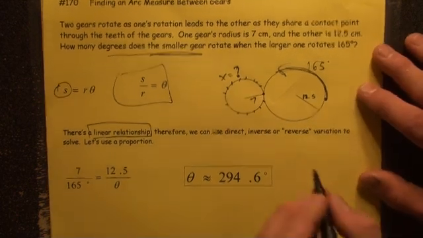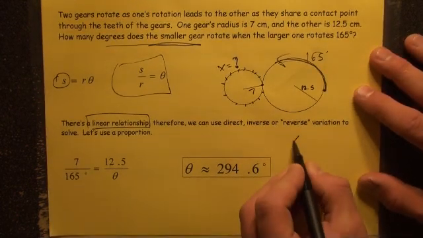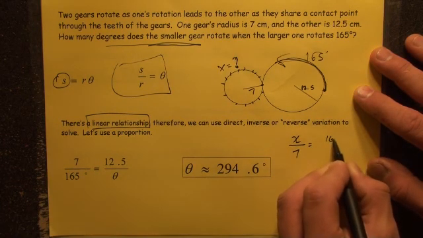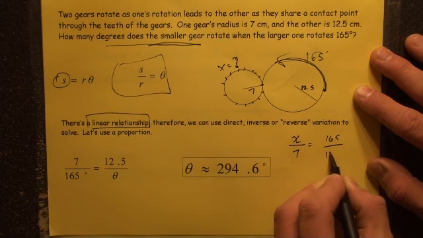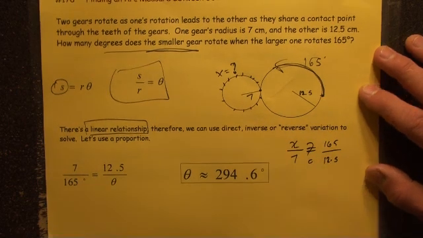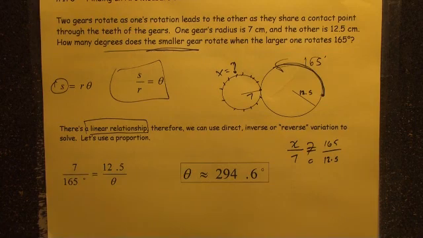So what a lot of people might think to do is x over 7 equals 165 over 12.5. Now, ask yourself this question: does that make sense? Think about this.